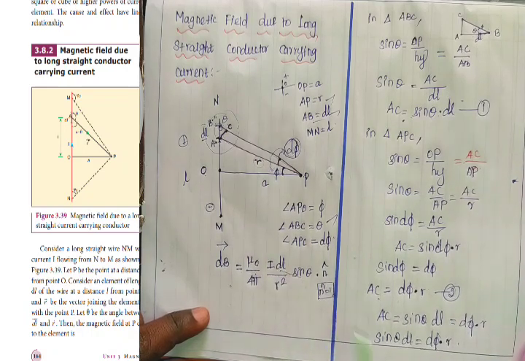So dl sin theta is present here, and dl sin theta is also present there. Next we want to substitute the dl sin theta value in the Biot-Savart equation.